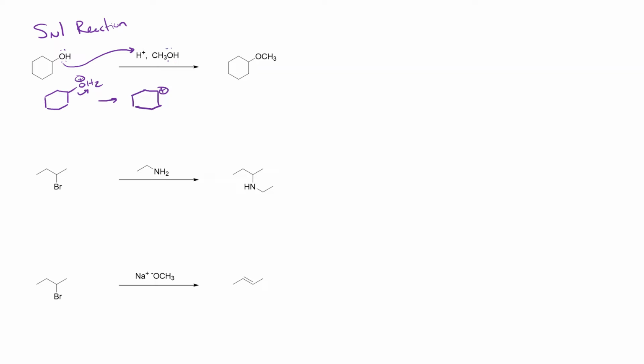The carbocation is attacked by the nucleophile, and we lose an H plus to get to our final product. Now, this is an SN1 reaction. You guys at least have a passing familiarity with that, right?